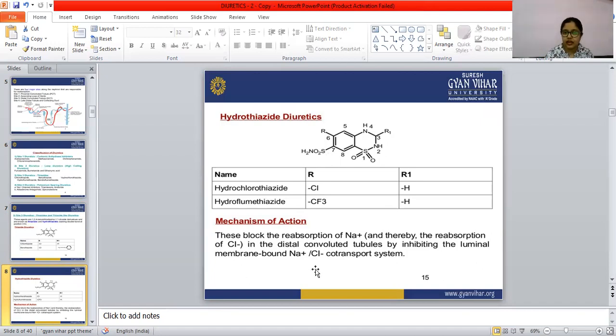These diuretics block the reabsorption of sodium in the distal convoluted tubule, because these drugs act at the distal convoluted tubule, which is site 3. They block the reabsorption of sodium as well as chloride in the distal convoluted tubule by inhibiting the luminal membrane bound sodium chloride co-transport system. So this is the common mechanism of action.